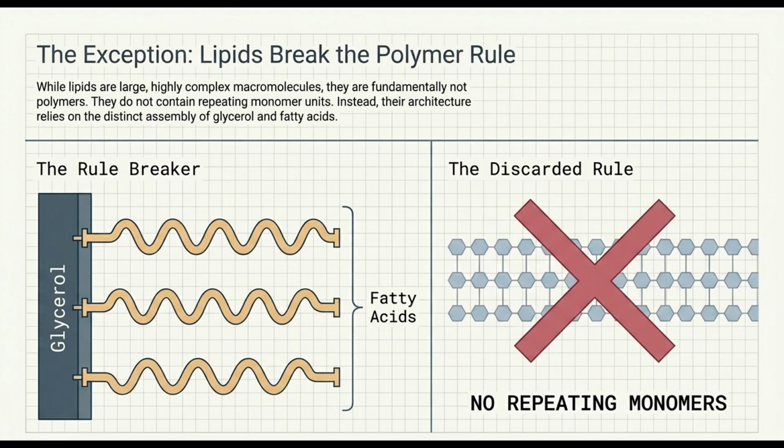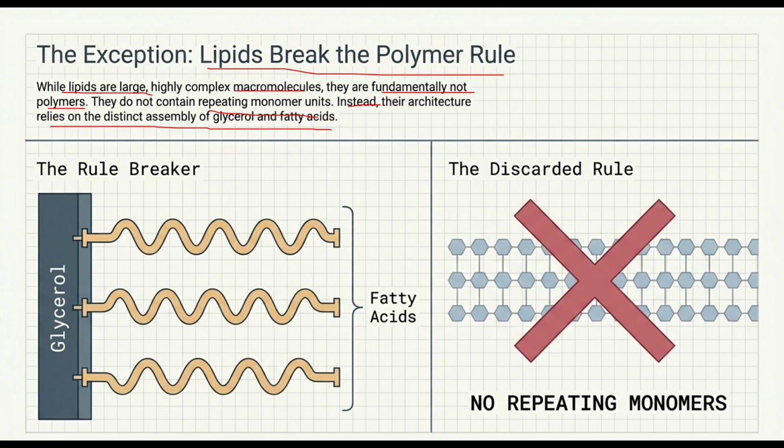Now let's see the exceptions. Okay. Lipids. So while lipids are large, highly complex macromolecules, they are fundamentally not polymers. So it's an exceptional case. They do not contain repeating monomer units. Instead, their architecture relies on a distinct assembly of glycerol and fatty acids.